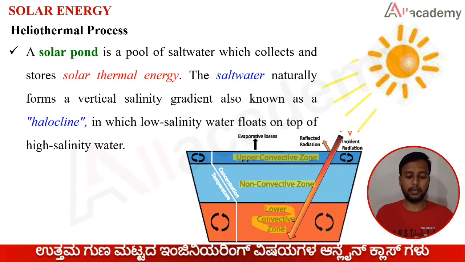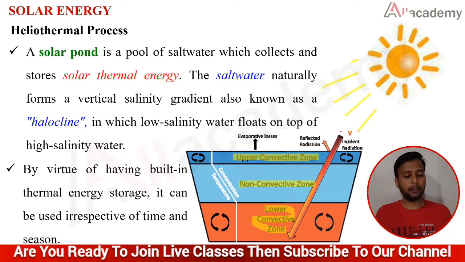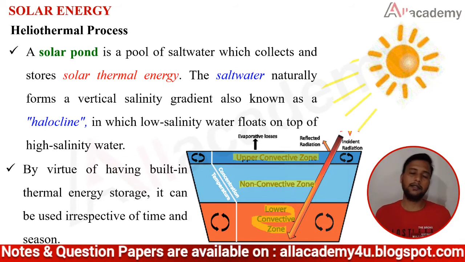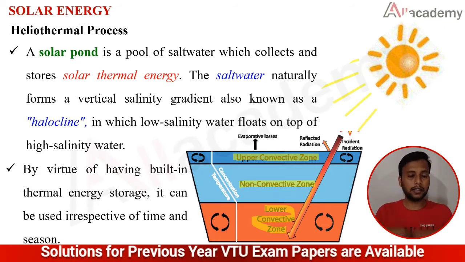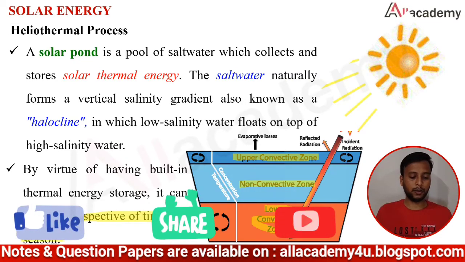As it goes from top to bottom, the salinity of the water increases. Now, by virtue of having built-in thermal energy storage, it can be used irrespective of time and season, because it can absorb as well as store the energy.